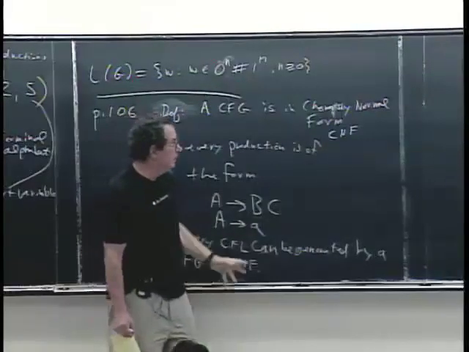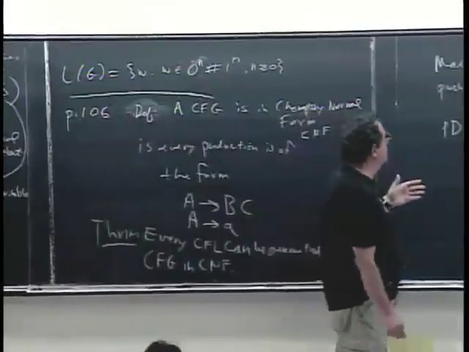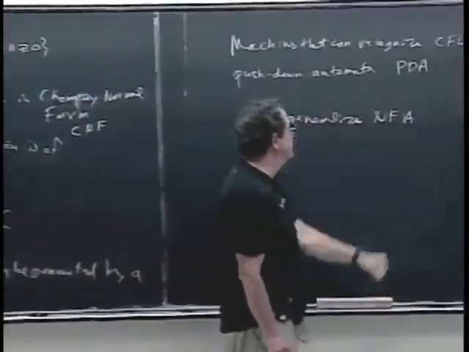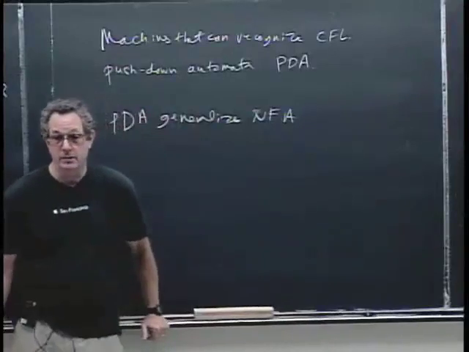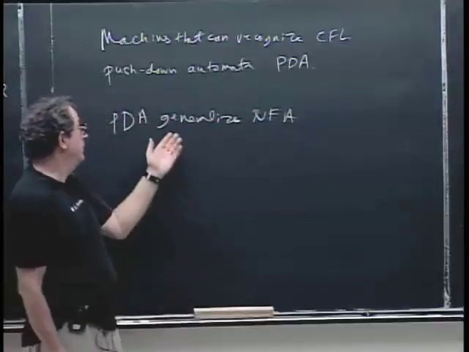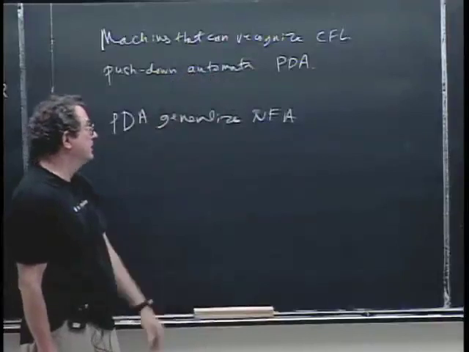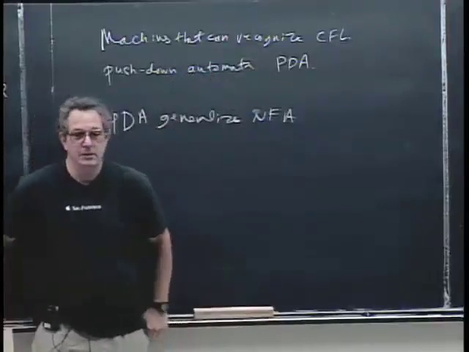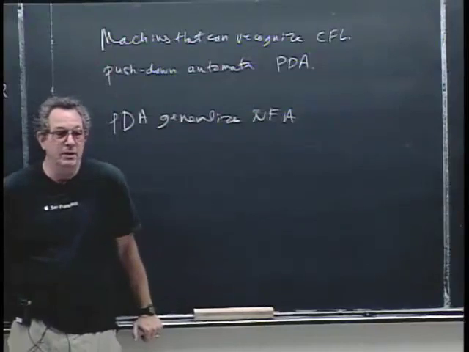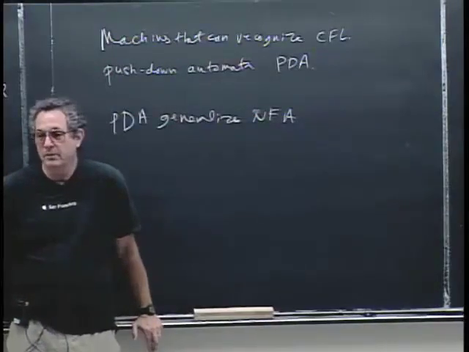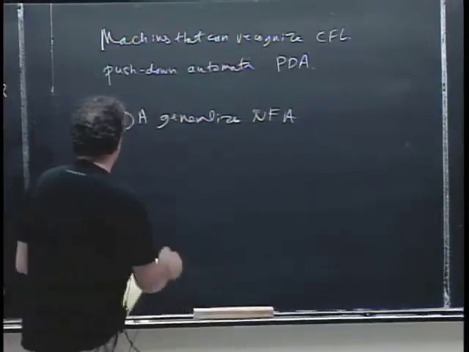Okay, so because a pushdown automaton can recognize a language that we know is not regular, then we know that a pushdown automaton has to have some kind of gizmo or doohickey, whatever you want to call it, that isn't part of a normal NFA. Right? So what is it?